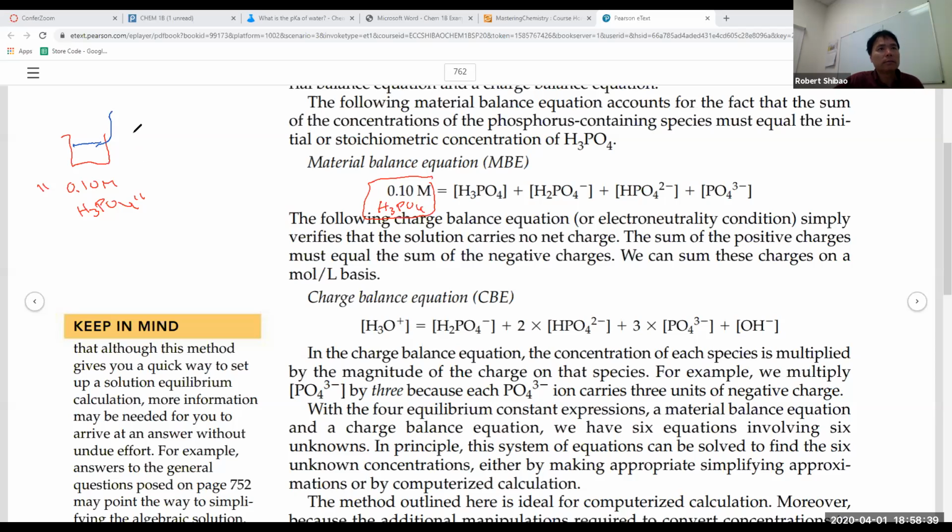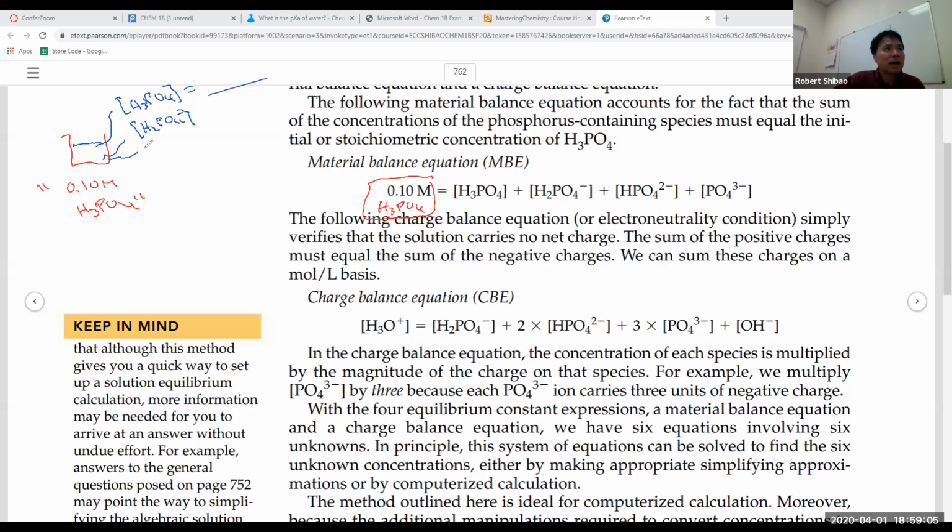What I talked about is this: we have an inventory. It's not going to be all H3PO4. Some of this H3PO4 will remain because it's a weak acid. And so I have some there. We calculated it for 3 molar. But some of this will hydrolyze into dihydrogen phosphate.